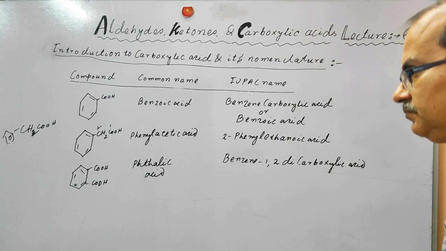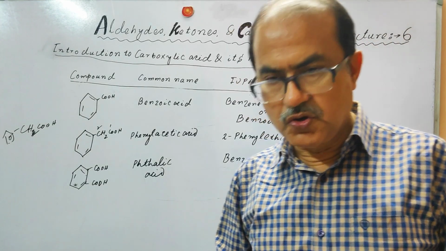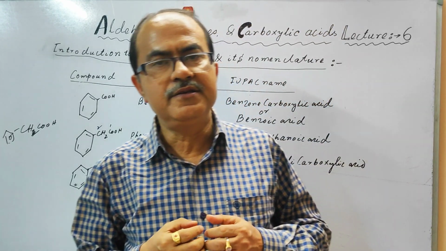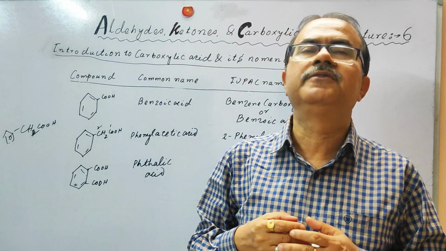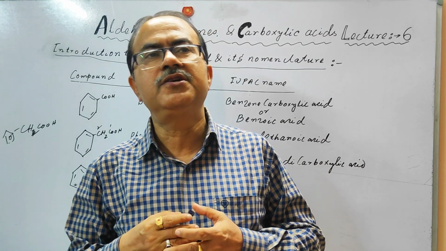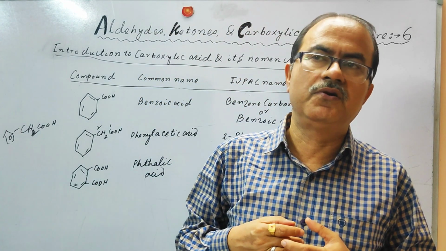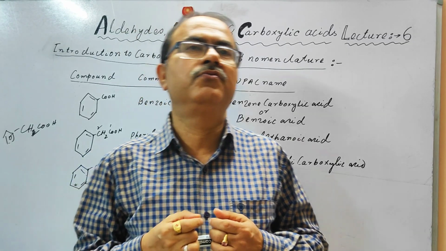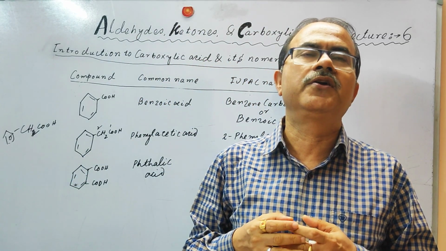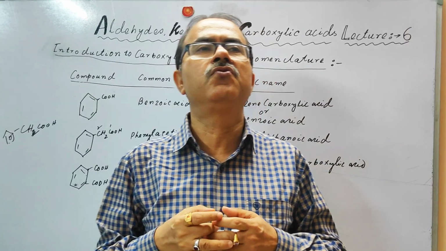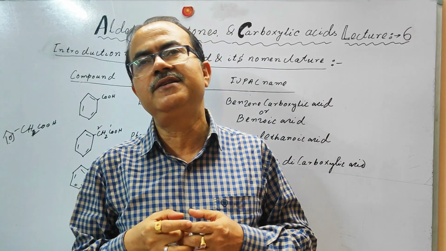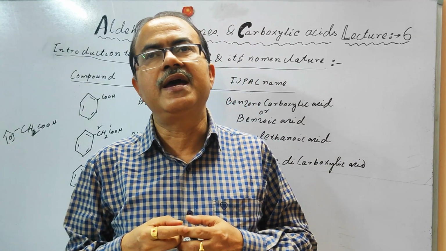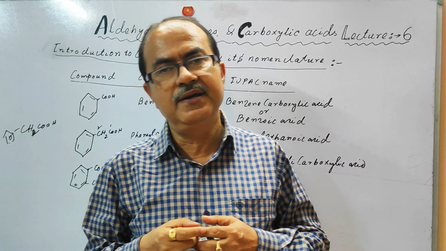Okay, so that is all for today's lecture. This is a very fundamental topic in carboxylic acids that we have discussed, the nomenclature. First we discussed the introduction: any organic compound having the carboxyl group is called a carboxylic acid. There are 2 types, aliphatic and aromatic.